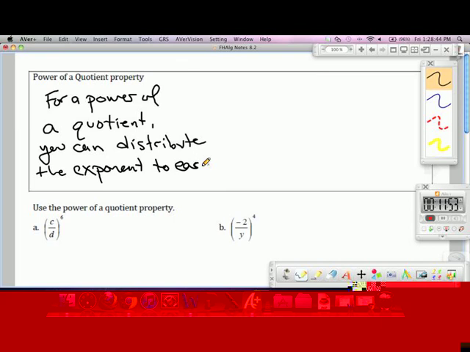That's the same as a to the x over b to the x. We actually used that in the warm-up today. That second example that you did, it was what? It said 3 over 8 squared.